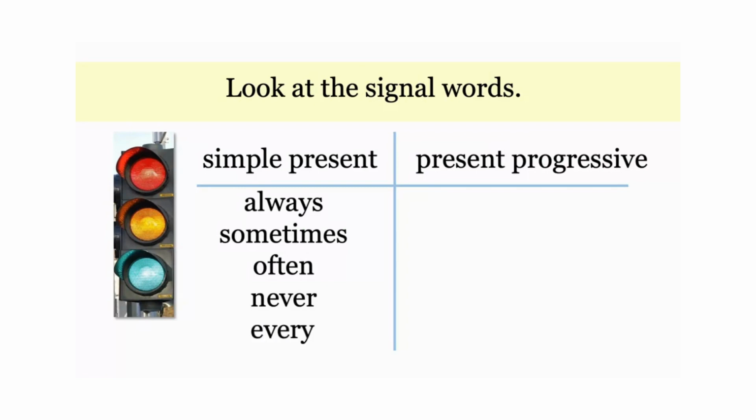And this tells us that something happens again and again, and that's our use for simple present. On the present progressive side, of course, we have the word now. But we can also use the word today to mean now, and we use this afternoon, this week, this month. This shows us that it is happening now.